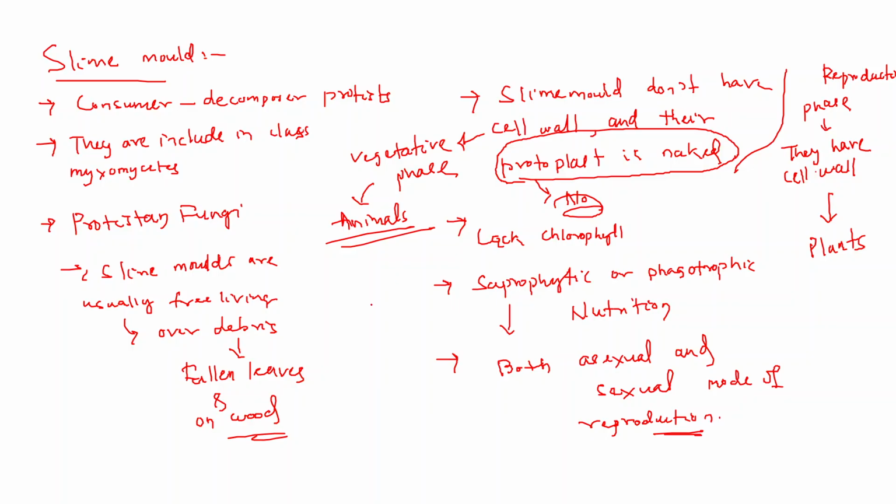Slime molds are mainly divided into two groups: acellular slime molds and cellular slime molds. We don't have to discuss all these things in detail.